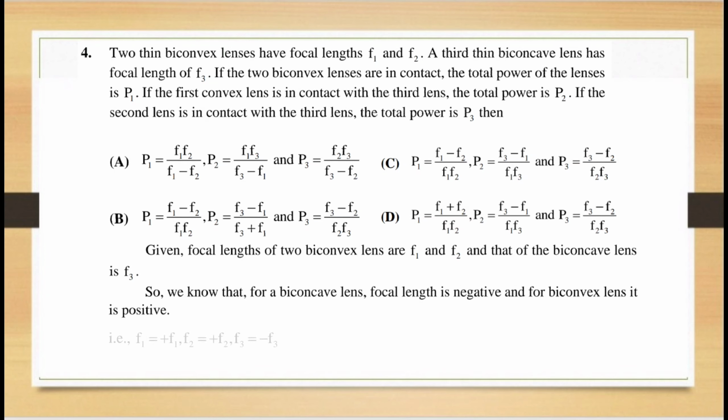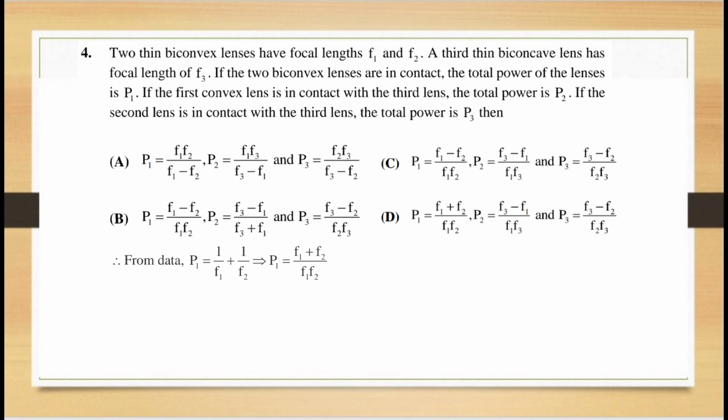That is, f1 equals plus f1, f2 equals plus f2 and f3 is minus f3. We know that total power of the lenses is P equals 1 by F1 plus 1 by F2. This is the formula. Therefore, from data, P1 equals 1 by F1 plus 1 by F2, which implies P1 equals (F1 plus F2) by F1 F2.